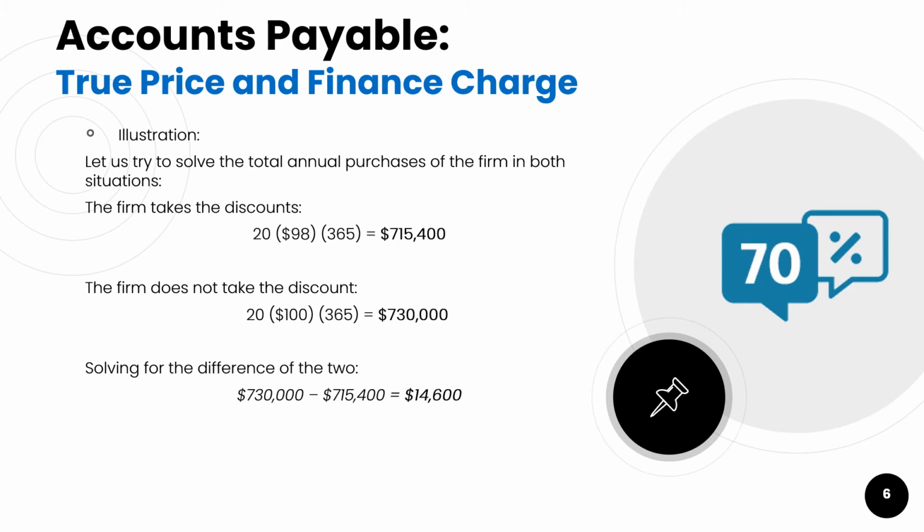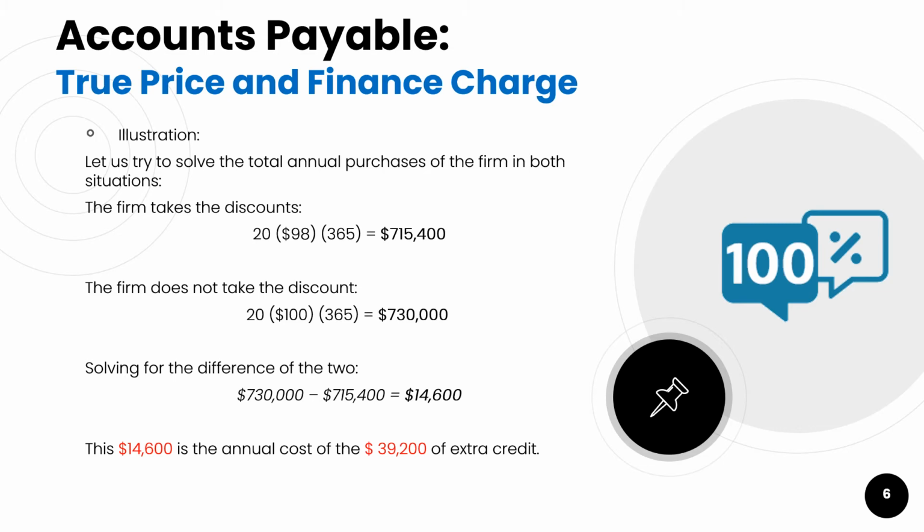Second situation, if the firm does not take the discount, 20 chips times $100 times 365 days is equal to $730,000. Solving for the difference of the two, $730,000 minus $715,400 is equal to $14,600. This $14,600 is the annual cost of the $39,200 of extra credit.